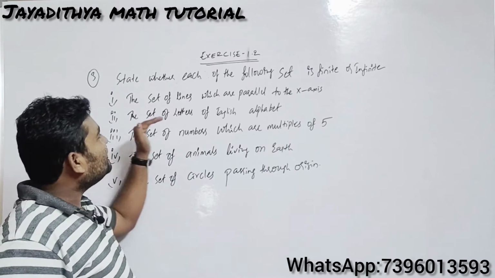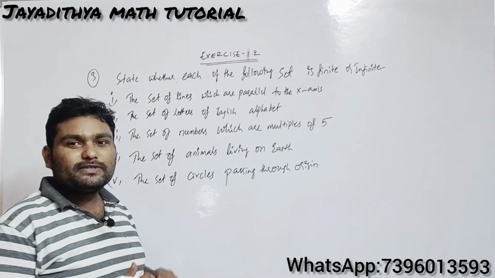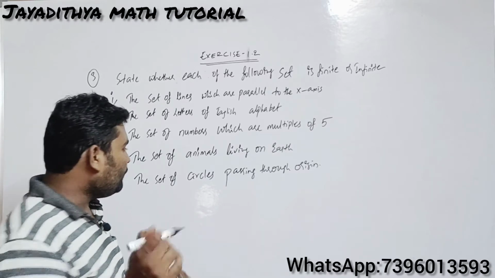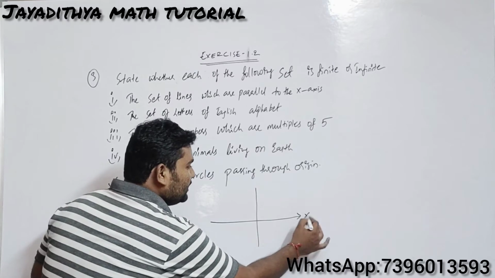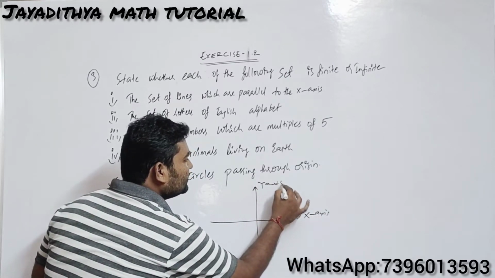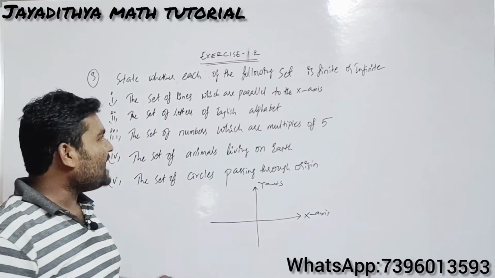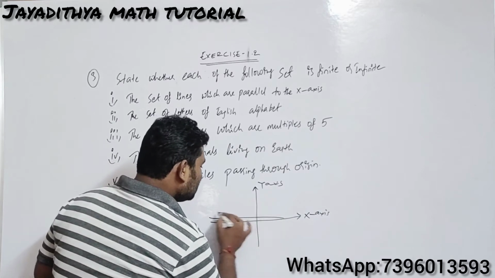The first one: set of lines which are parallel to x-axis. When you draw the axes, this will be your x-axis and this will be your y-axis, right? He is asking for the set of lines parallel to the x-axis. That means each and every line must be parallel like this.